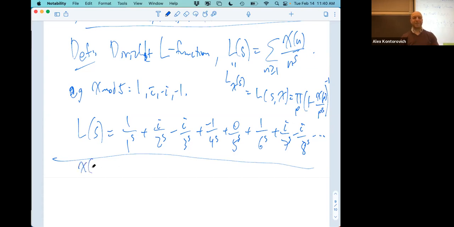Chi is completely multiplicative. Chi of n times m is equal to chi of n times chi of m, which you have to check for a second, because we've done all these manipulations when we lifted it. Certainly this is true if n and m are both coprime to the modulus, capital N. And when they're not, then both sides are 0.